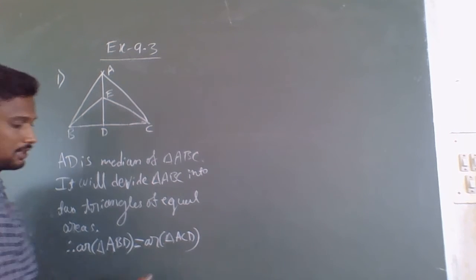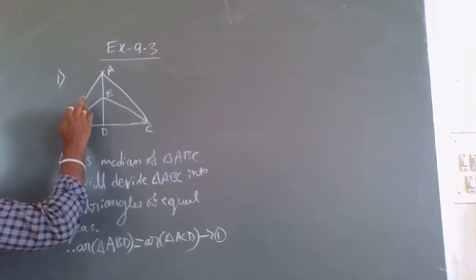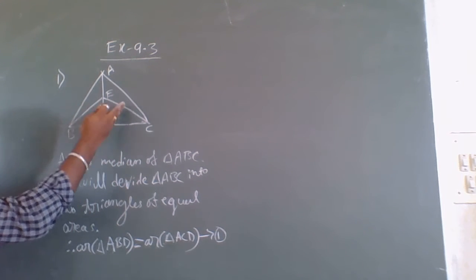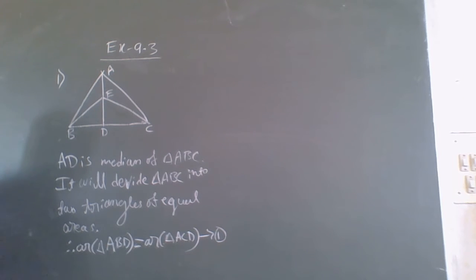And I will consider this as 1. This median AD is dividing this triangle ABC into two triangles of equal areas.